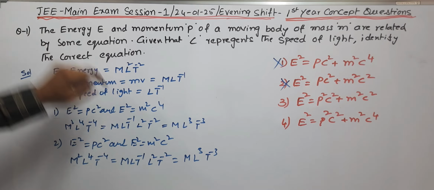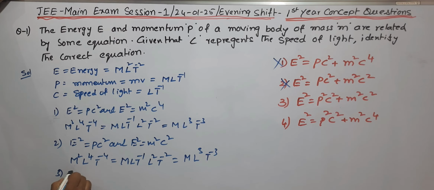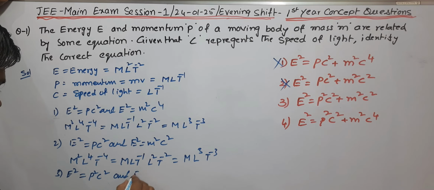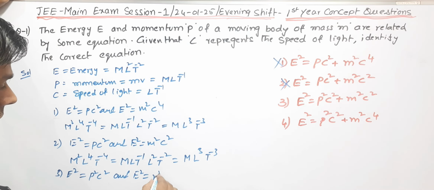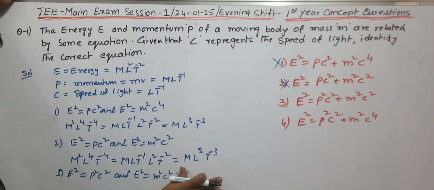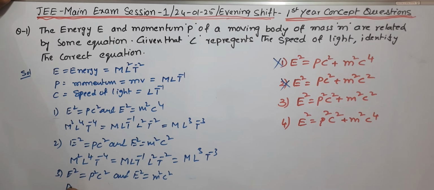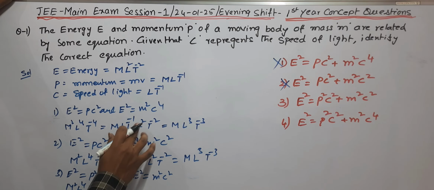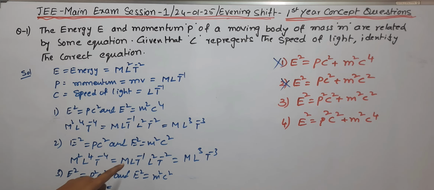Similarly, when you take the third option, E square is equal to p square c square, and E square is equal to m square c square. Now we can write the dimension formula. E square is M square L power 4 T power minus 4, which is equal to p square c square.